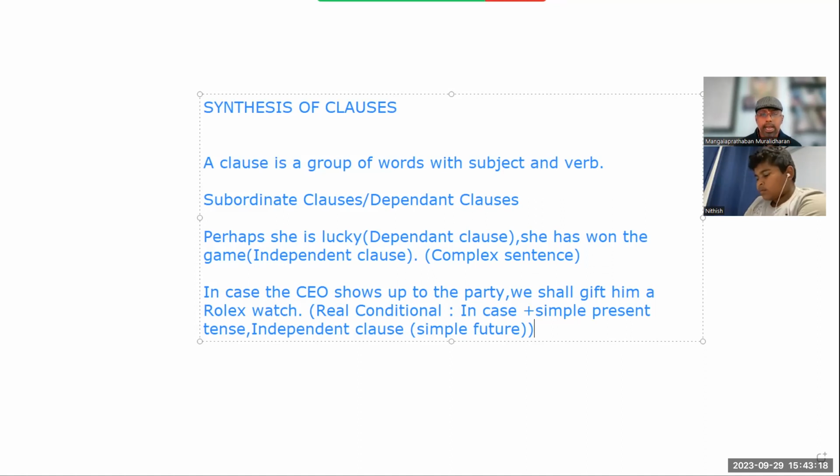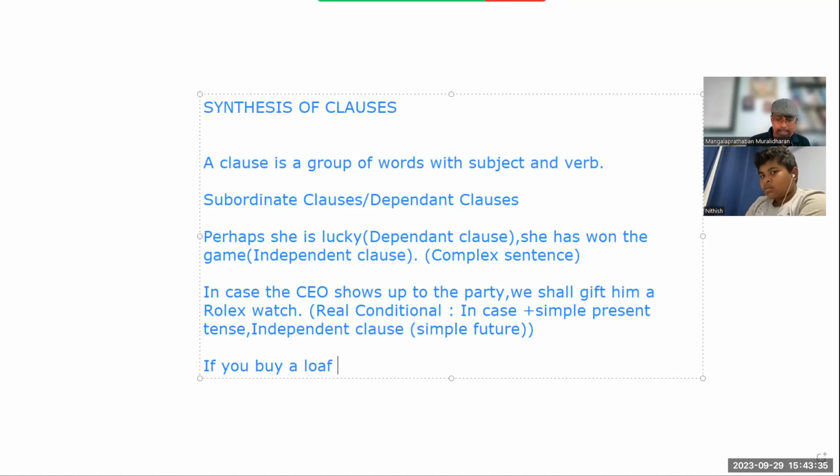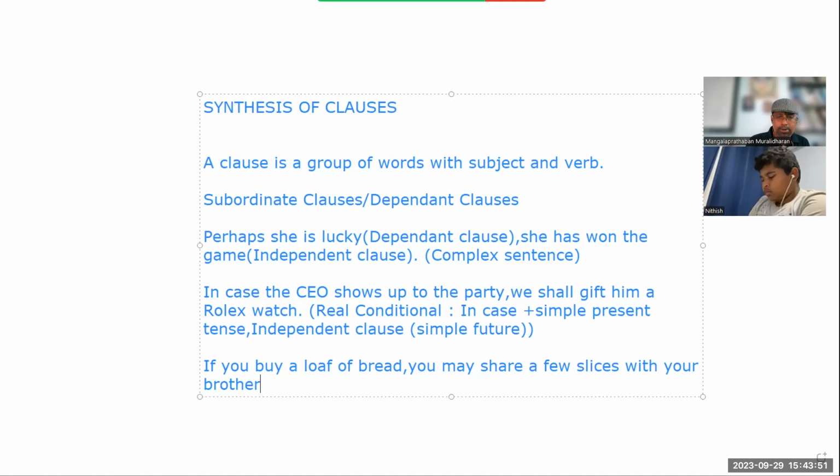Right. I can give some more examples. Let's look at some more examples and say, if you buy a loaf of bread, you may share a few slices with your brother.